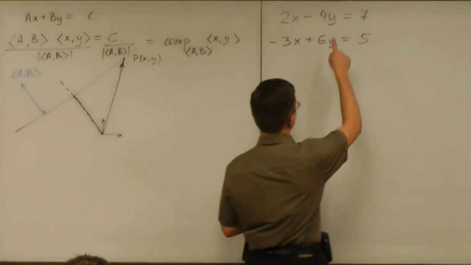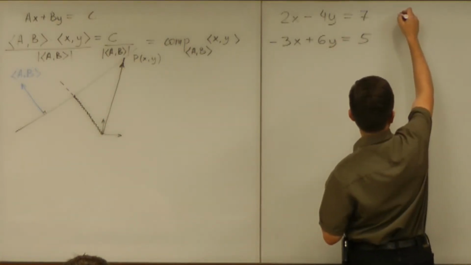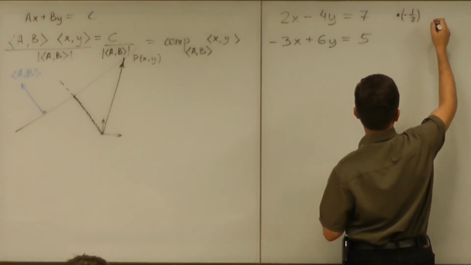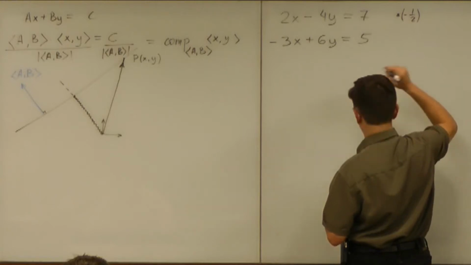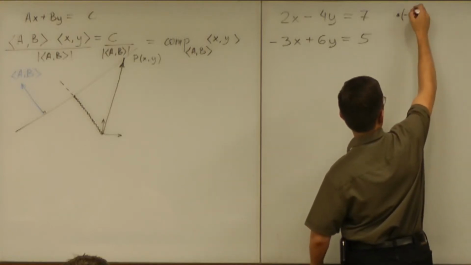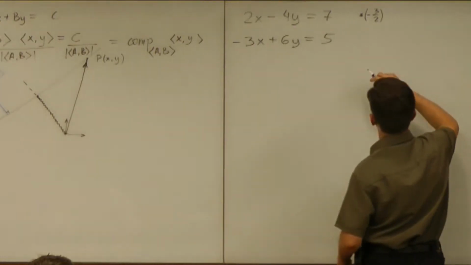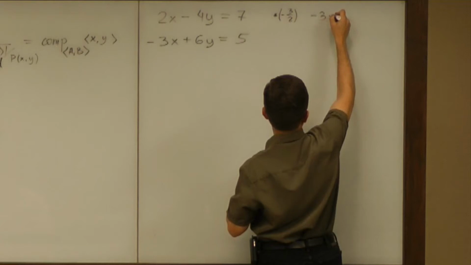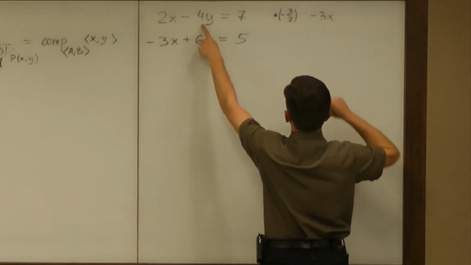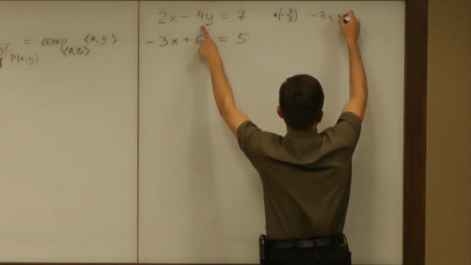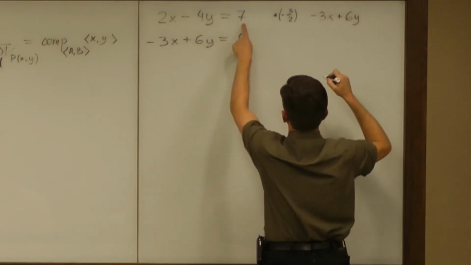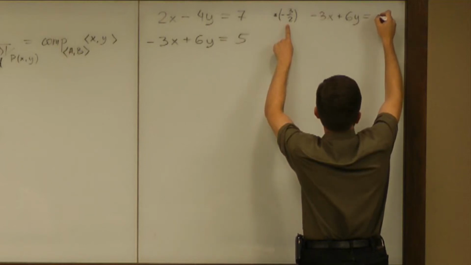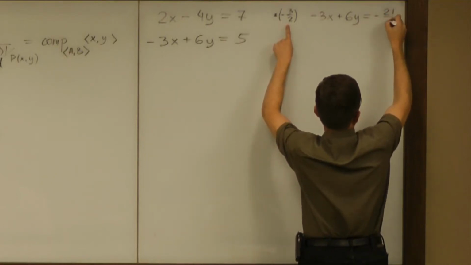So you multiplied the first equation by negative 3 halves. All right, and that gives you what? Negative 3x. Multiplying minus 4 by negative 3 halves gives you plus 6y, and the constant multiplied by this number is minus 21 over 2.